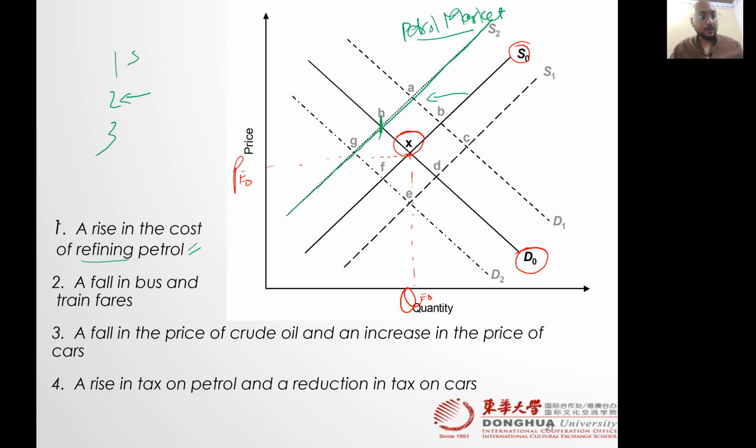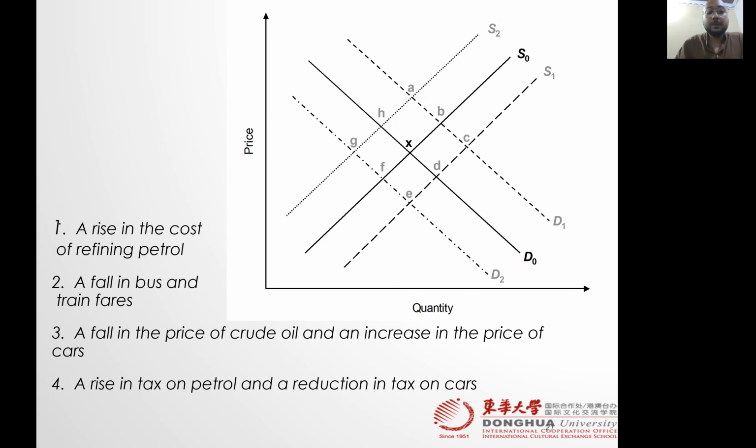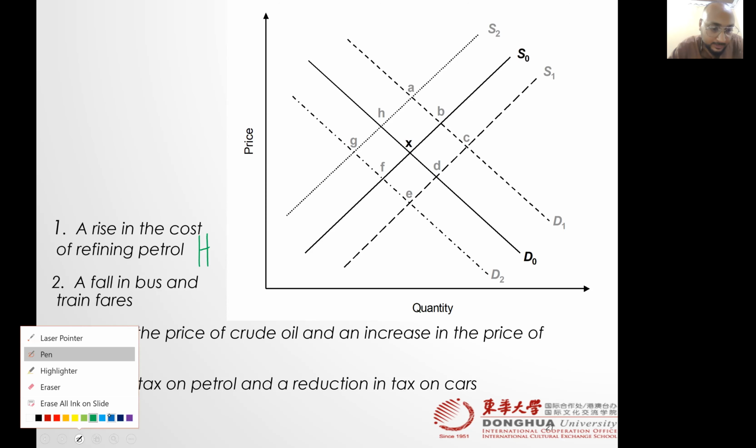H, right? Everyone answer H. Yes, H, good. Second one. So number 1, H. Let me change the color to sky blue.